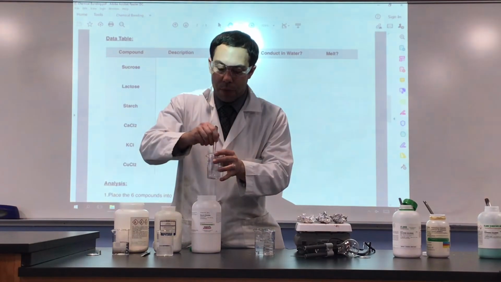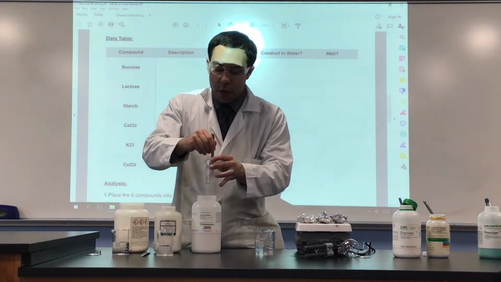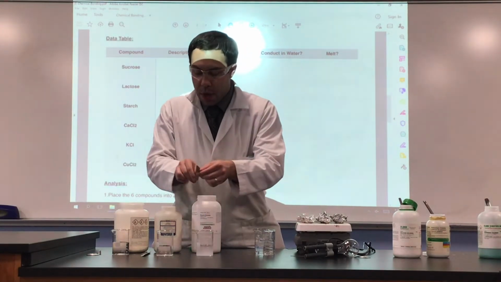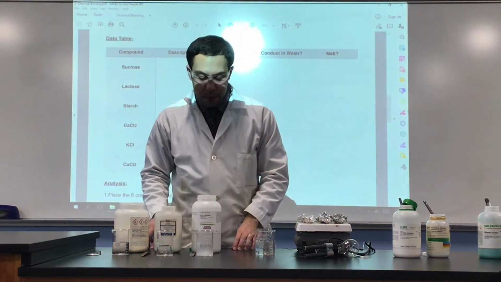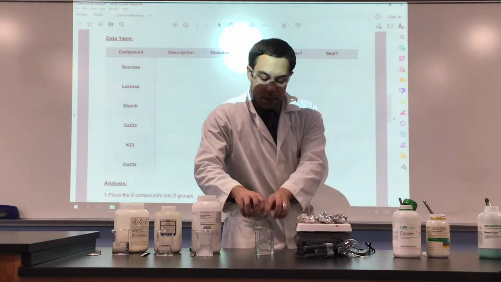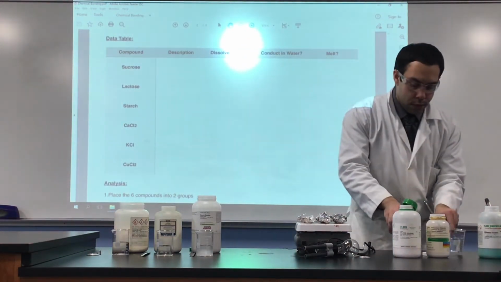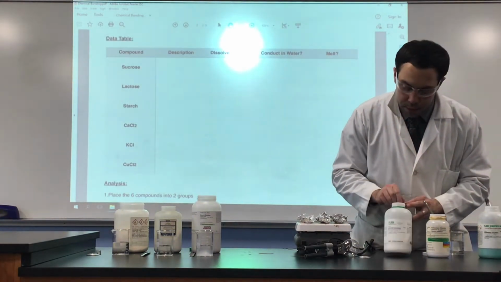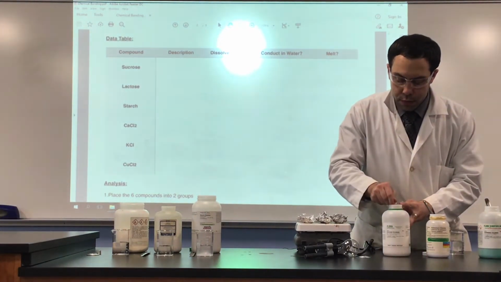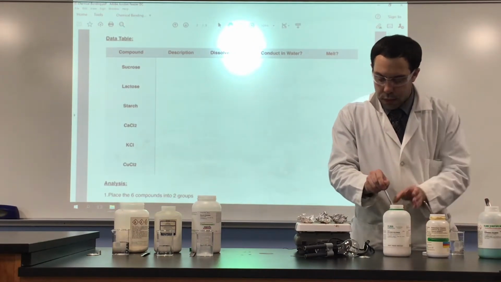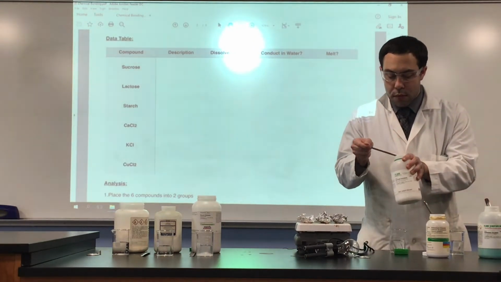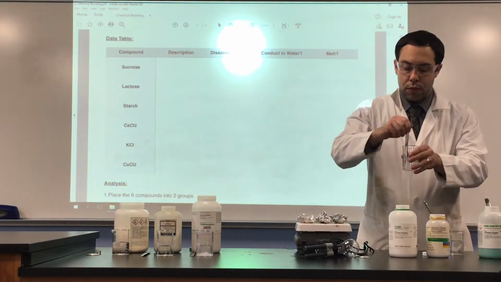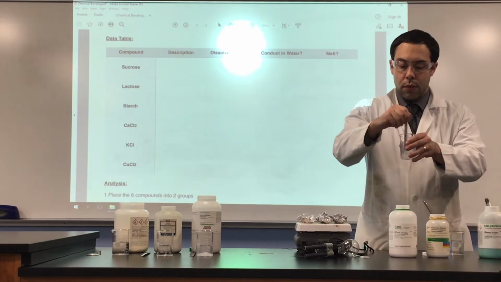And the starch. Stir. And we'll come back to that one in a little bit as well. Go to the other side. Start with calcium chloride. Stir.